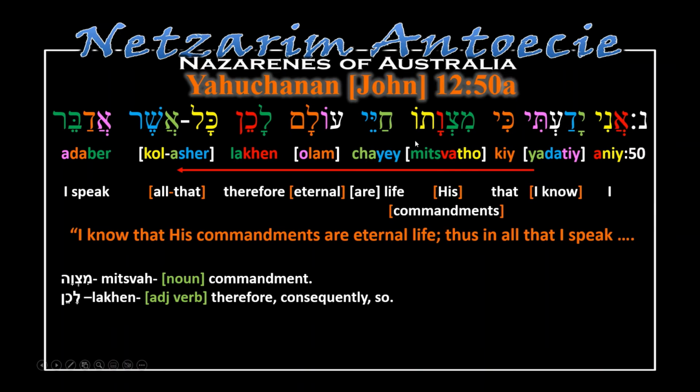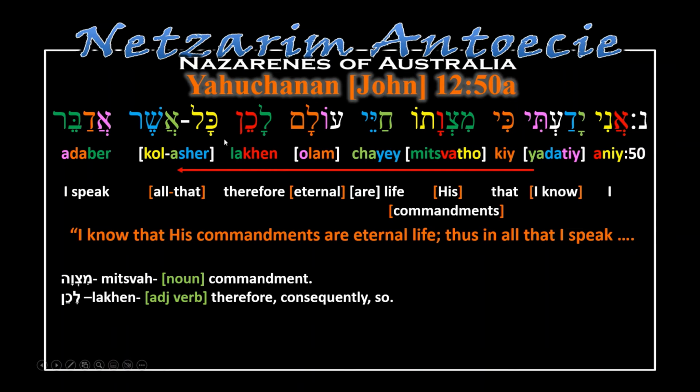Again, the vav at the end with the o meaning his. Chaye, meaning life. So his commandments are life. Olam means eternal. Laken, therefore.